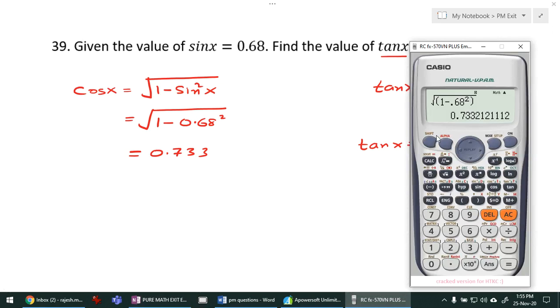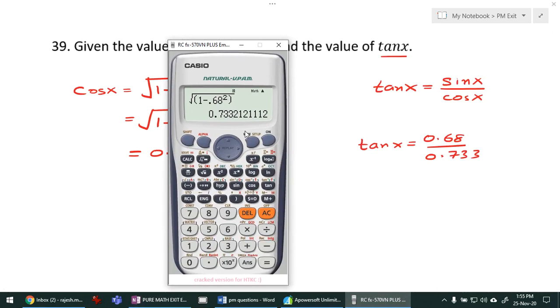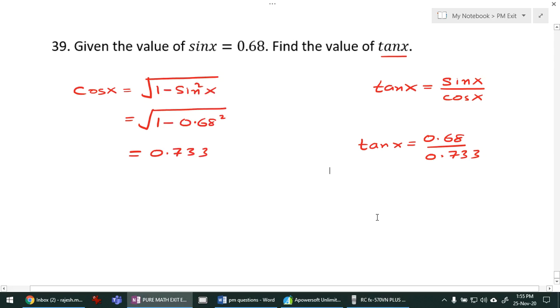So we will find again 0.68 divided by 0.733. The answer is 0.928. I can write 928 because this number is more than 5. So tan x equals 0.928.